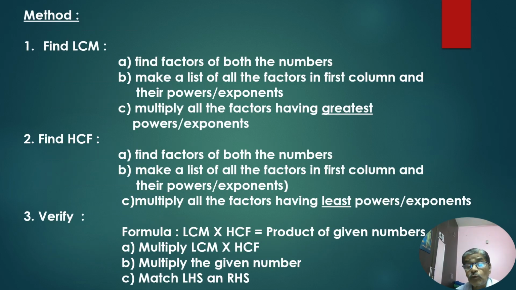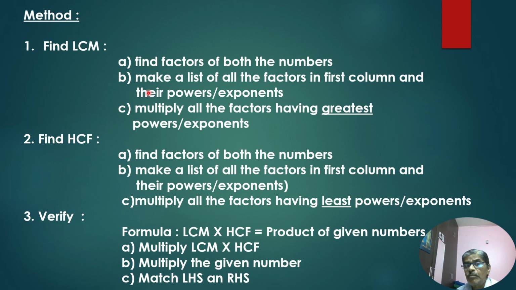Having listed out what is given in the problem and what we have to find out, now we'll make the list of the method which we'll be following. To find out LCM, what is the method? There are 3 steps. First thing is find out the factors of both numbers.